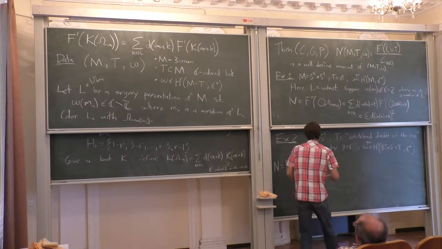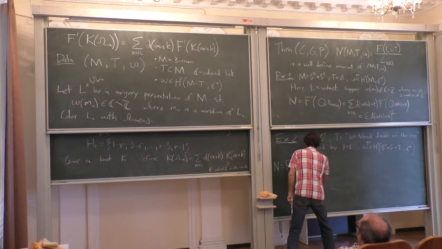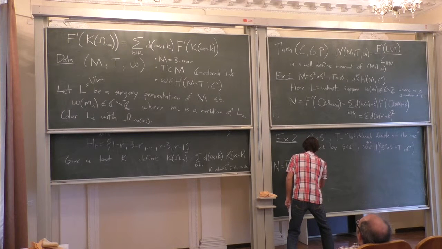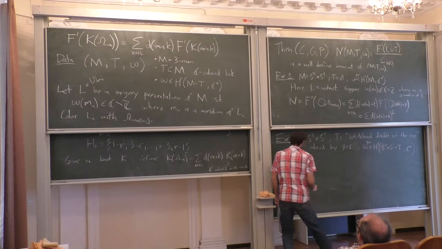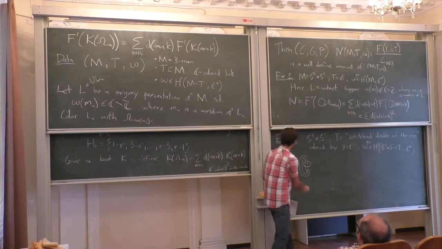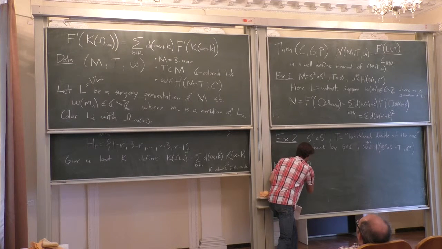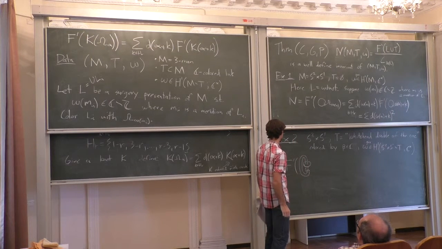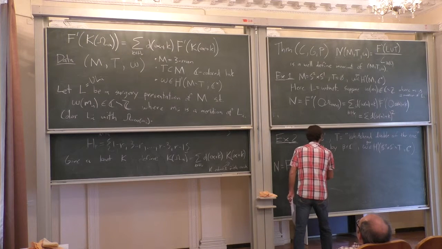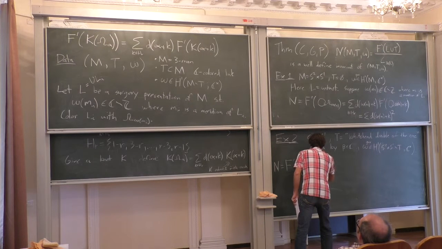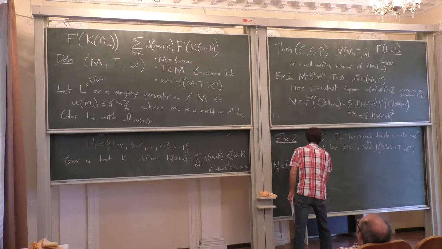It looks like this. And here I have omega of m, and this is beta.